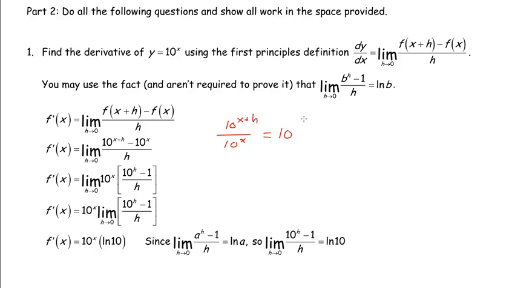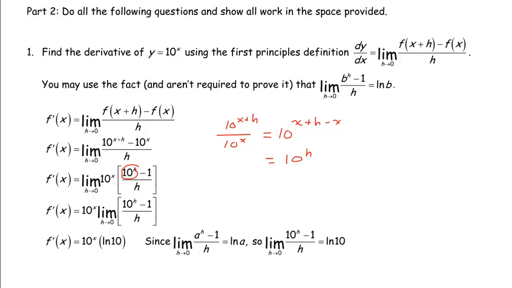So it'd be 10 to the x plus h minus x, and of course those x's are opposites, they add to 0, and so that's why we get 10 to the power of h right there. And similarly, if we're factoring a 10 to the x out of a 10 to the x, you would get a 1.